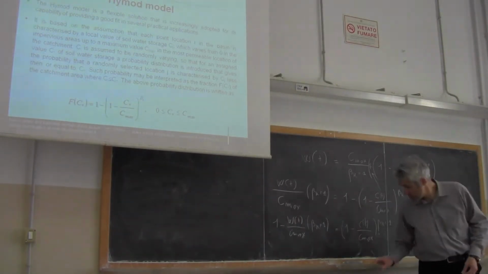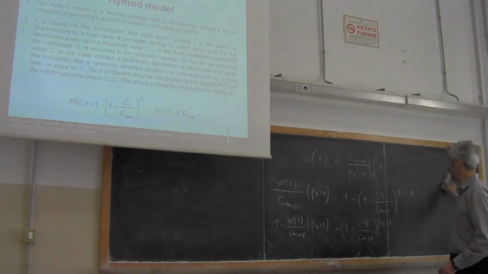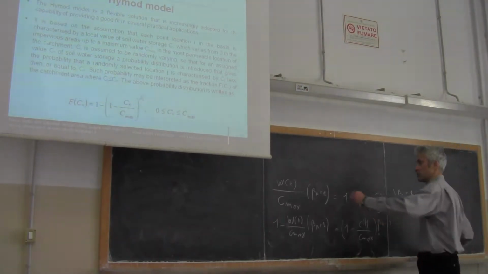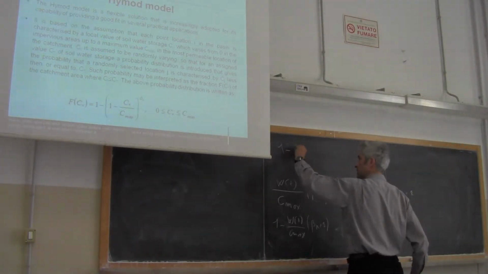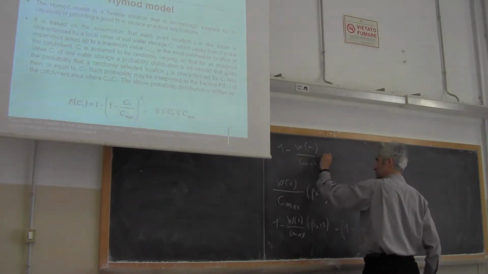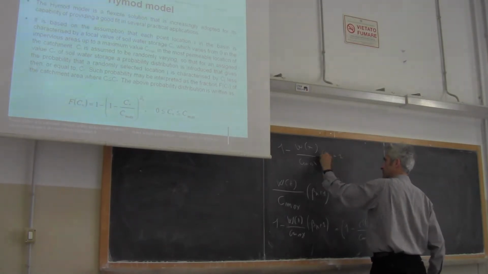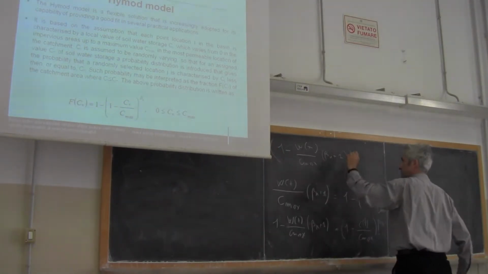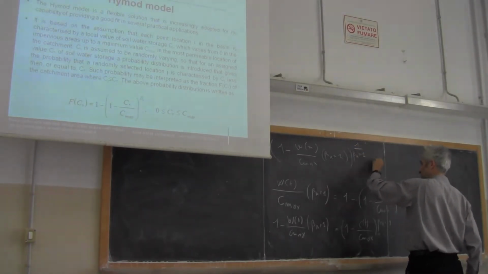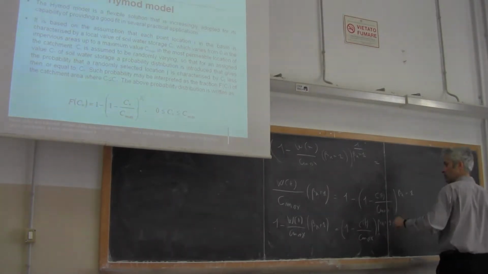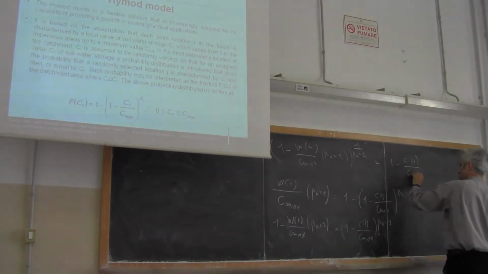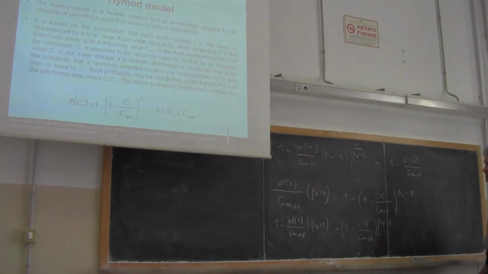So let me delete above here and write it as follows. 1 minus Wt divided by Cmax times beta k plus 1. Let me elevate it to the power 1 divided by beta k plus 1. And this is equal to 1 minus Ct divided by Cmax. And we are almost there, as you can see.